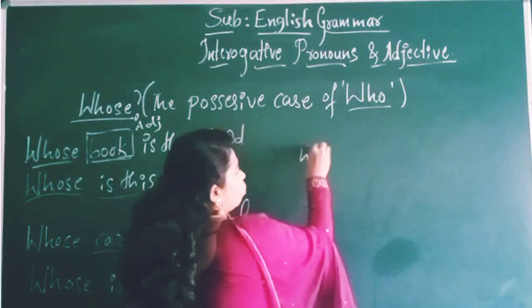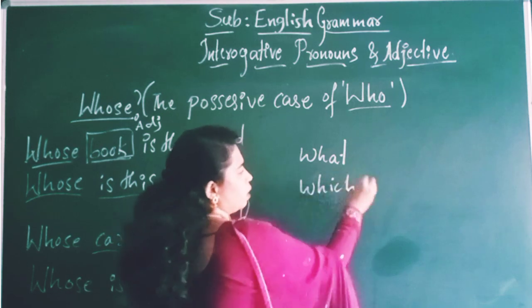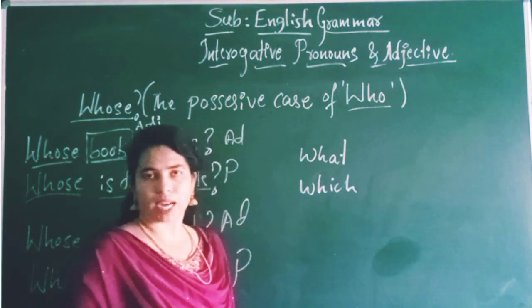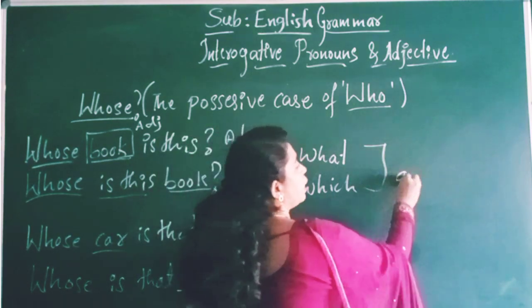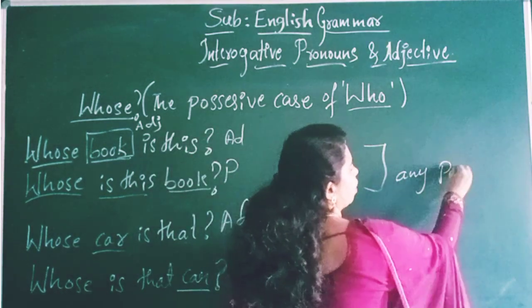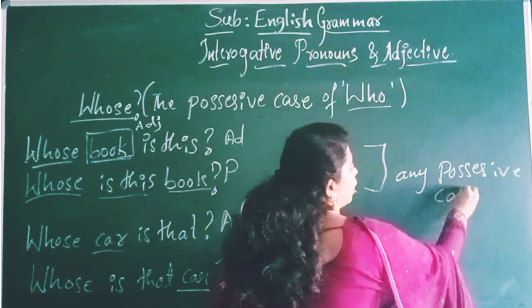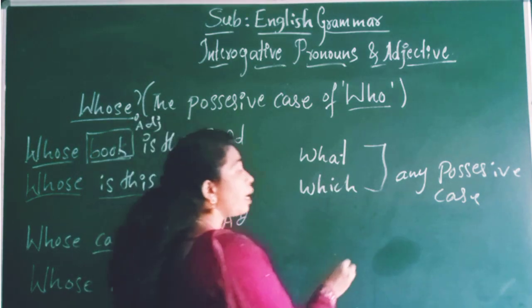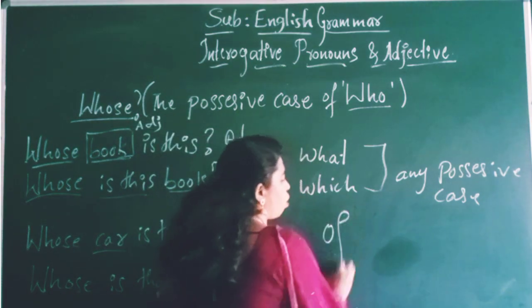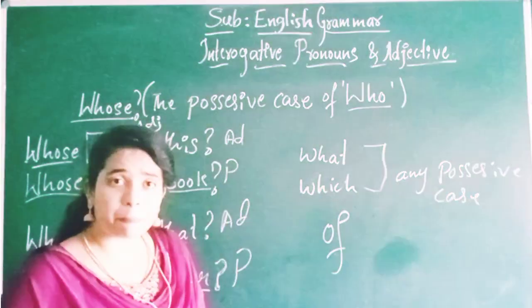We studied about what and which at the beginning of the class. These two do not have any possessive case. So, to show that they are possessive, we use the preposition of, as I showed you in the previous example.